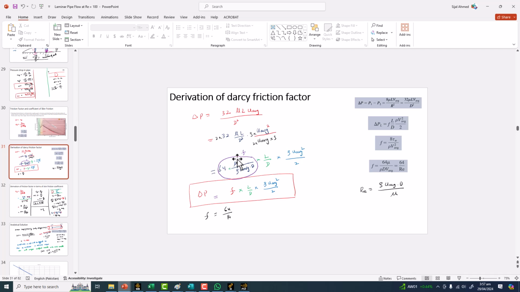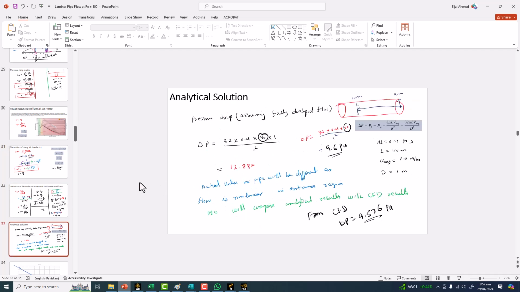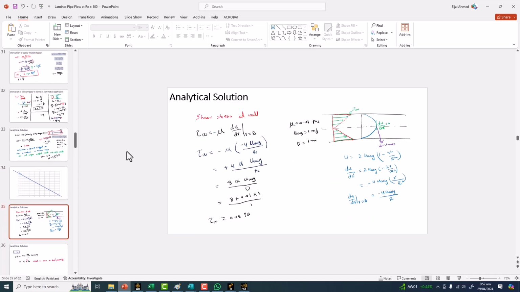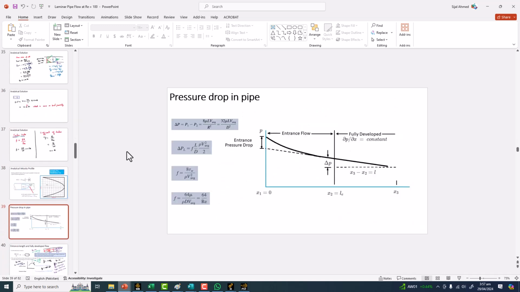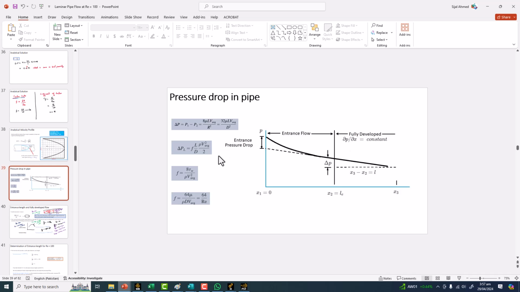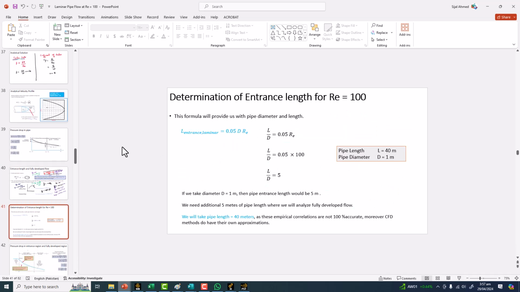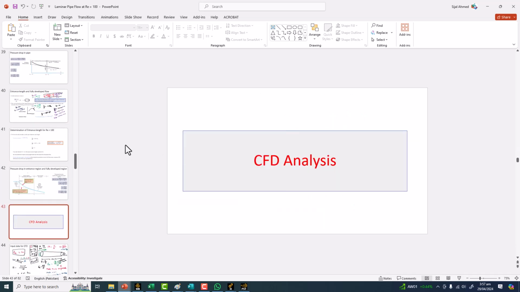This is the formula for the Darcy friction factor, and then we also have the relationship between the Darcy friction factor and the coefficient of friction, or the simple friction coefficient. And then we have the analytical data for all the variables for the given data. So these formulas are all derived in this course, and then we are going to compare our results with the CFD.